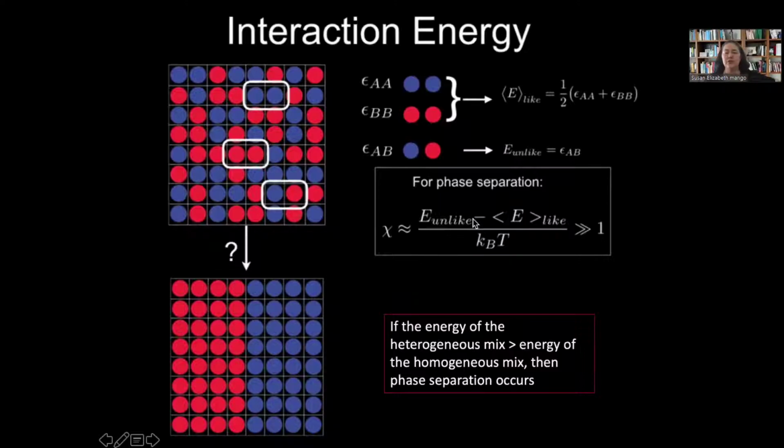In other words, the energy of the mix, if we subtract the average energy of these unmixed states, is much greater than 1. And here we're dividing by Boltzmann's constant and temperature. That's essentially the unit of energy that we want to think about. If this is much greater than 1, then it's a lower energy state to separate like this, like oil and water or oil and vinegar.